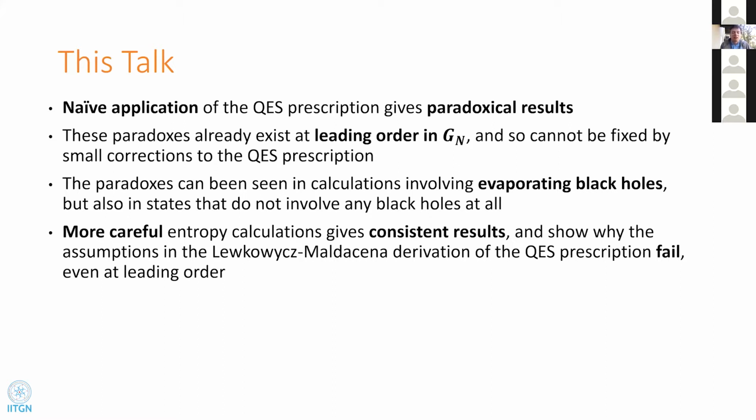And what you can see is that the difference is coming from the famous assumption made by Lewkowycz and Maldacena in their original derivation of the Ryu-Takayanagi formula, basically that you only need to consider one saddle for each value of n in the replica trick. That assumption just causes you to get the wrong result. If you make it, you get the QES prescription. If you don't, you get the right answer, which is very different.